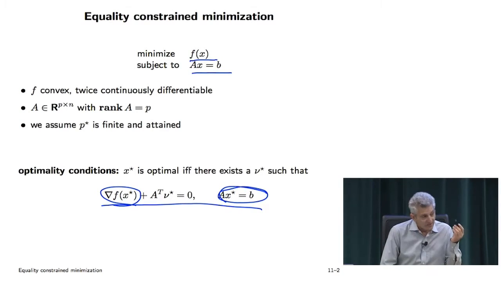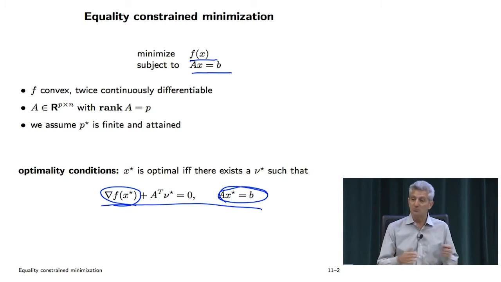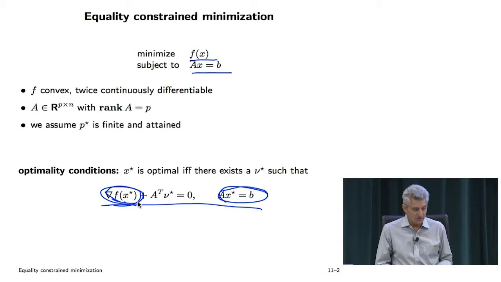So if the function is quadratic, these are a set of linear equations. That says that solving linearly constrained quadratic optimization problems is pure linear algebra. You just set up linear algebra and solve it. But in general, if f is non-quadratic, this is non-affine, and that's a set of nonlinear equations.